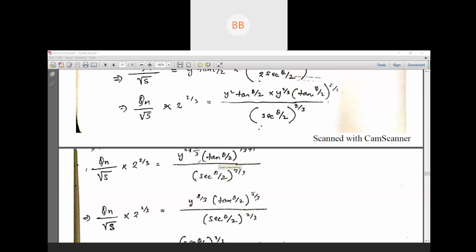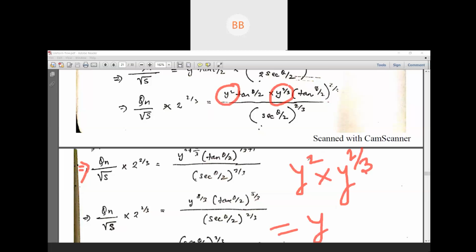Again in the next line, left hand side we kept as it is, right hand side, so we have y square and here y to the power 2 by 3. So y square multiplied by y to the power 2 by 3 is equal to nothing but y to the power, we have to add, right?